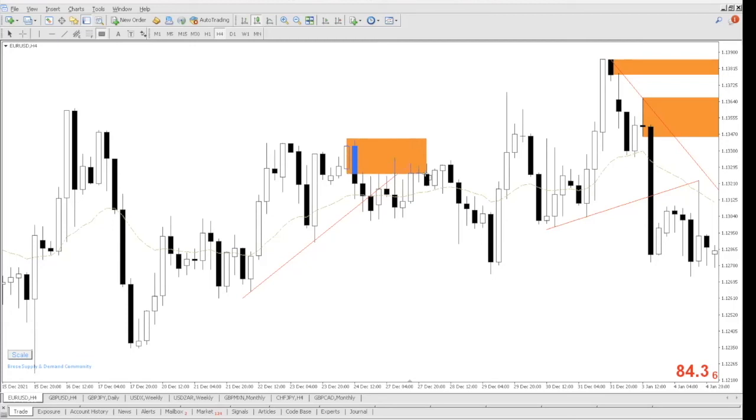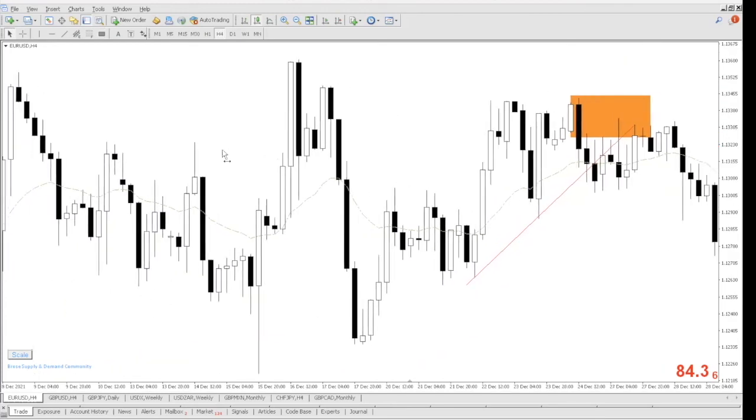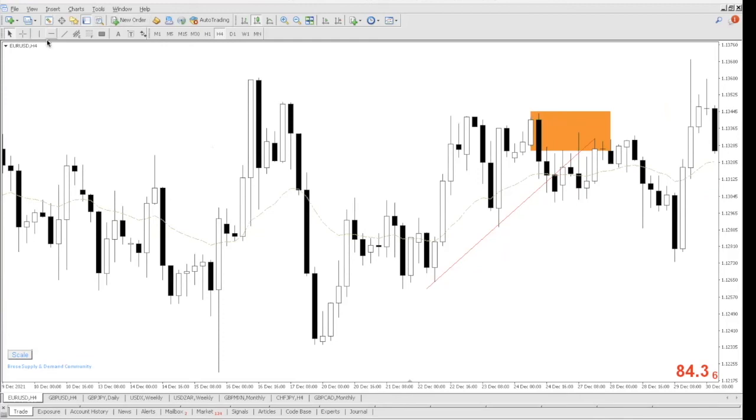What happened? It touched, then it went down. Another mountain here. Now I'm connecting my valleys, this and this. Where did it cross? Here. You draw it.